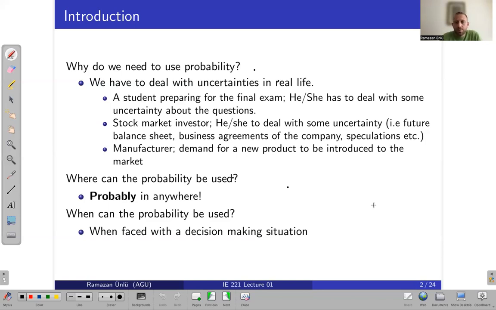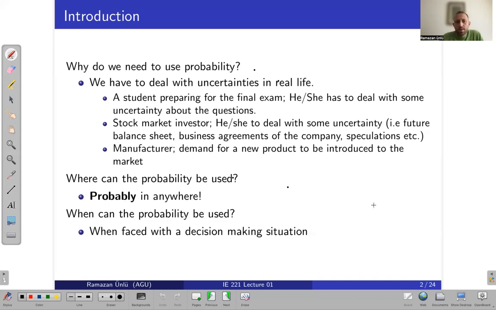So when we say probabilities, we are saying that we have to deal with uncertain things. We want to learn some information to make more accurate decisions, and during this process, we are going to use some probabilities or some probability models.